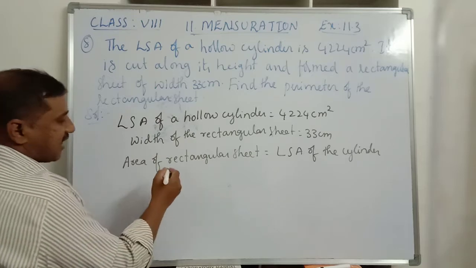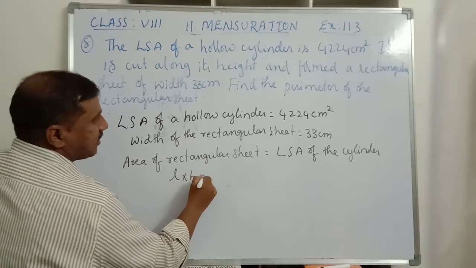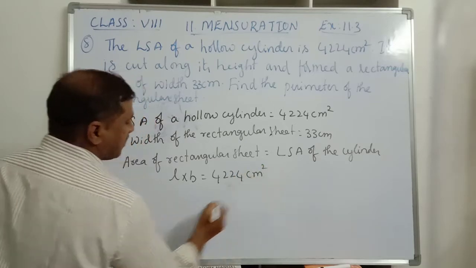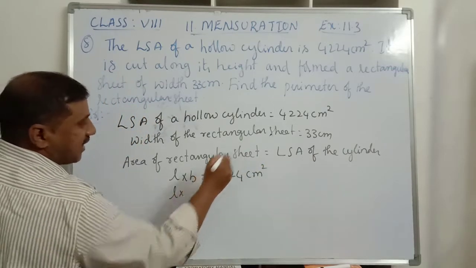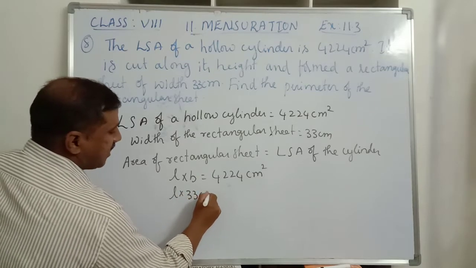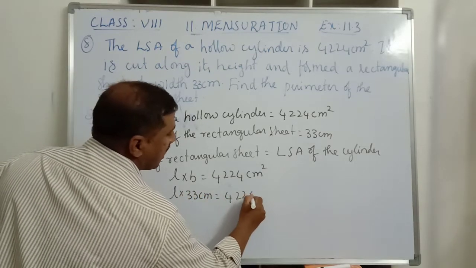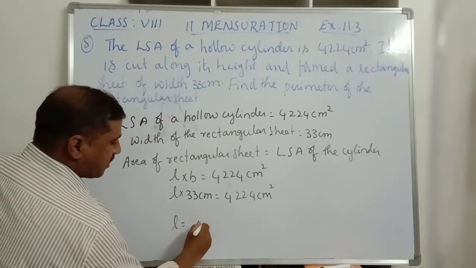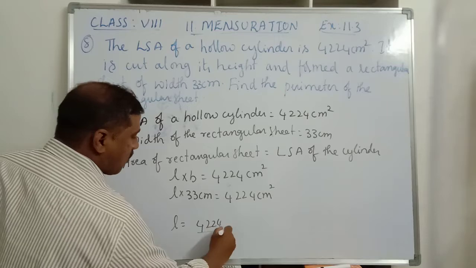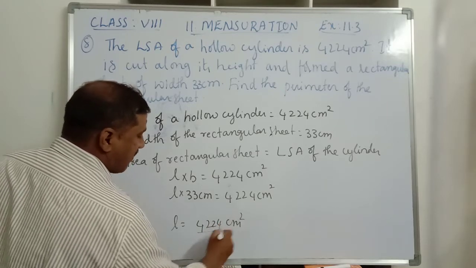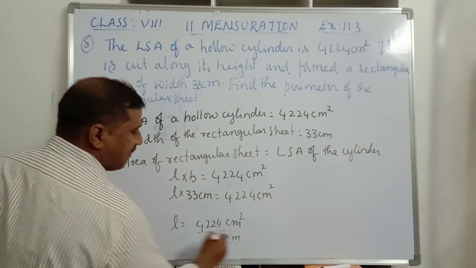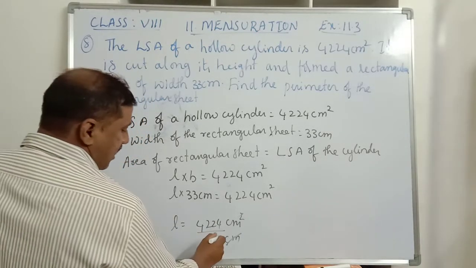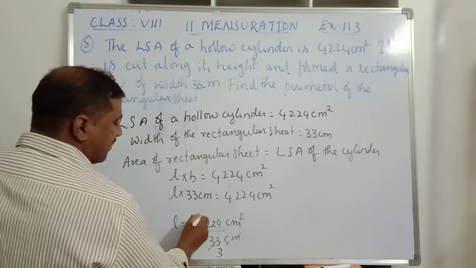Area of the rectangular sheet is length into breadth, that is equal to 4224 centimeter square. Length into breadth, with breadth 33 centimeters, equals 4224 centimeter square. Now L is equal to 4224 centimeter square divided by 33 centimeters. 1 centimeter and 1 centimeter get cancelled. 11 3s are 33, 11 3s are 33.